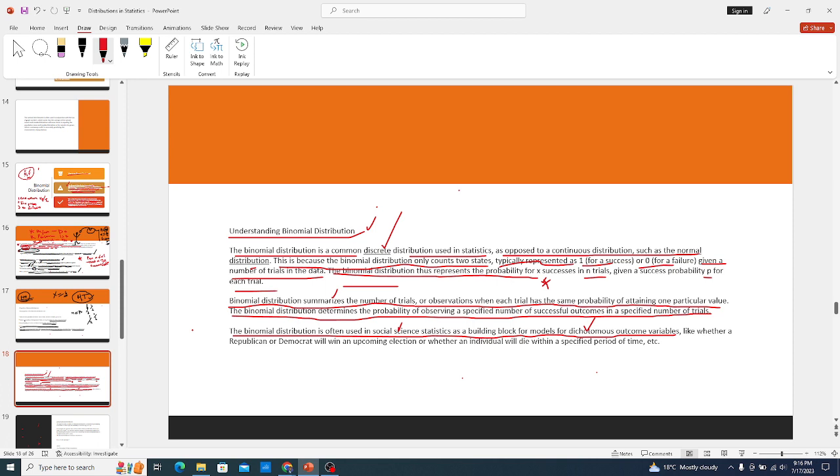So here you can see we have two possible outcomes: either Republicans will win the election, or Democrats will win the election. Or whether an individual will die within a specified period of time.